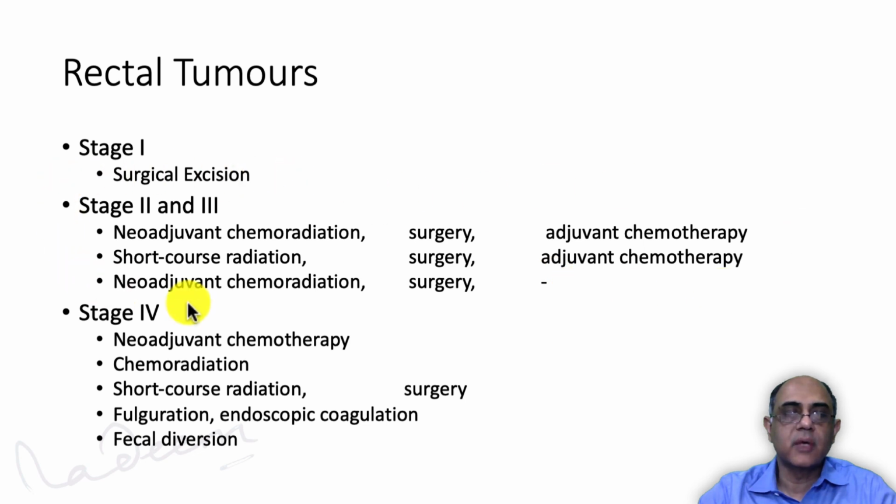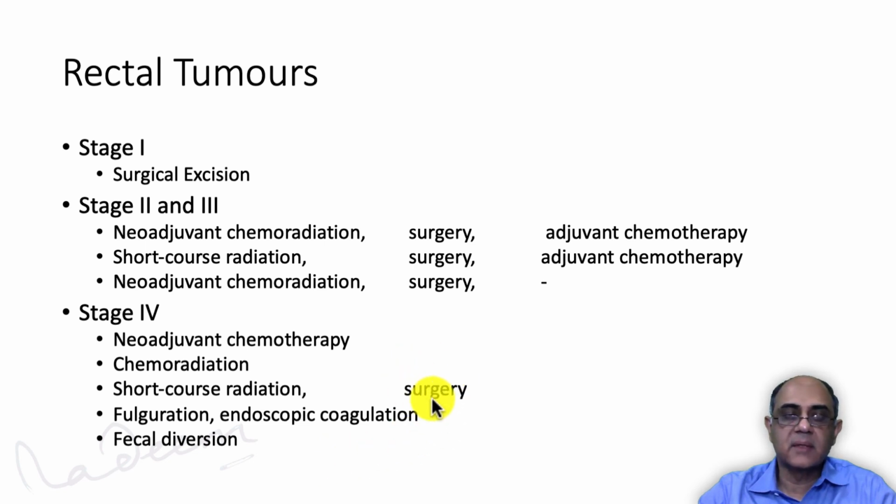So you see, we are afraid of rectal tumors because rectal tumors are notorious to recur. So that is why when we have the slightest doubt that this rectal tumor is slightly invasive, we resort to all of the methods and we put the surgery sandwiched between the two methods. Chemotherapy before, chemotherapy after. And in stage 4 rectal tumors, the advanced, the metastatic, there is no benefit of surgery as such.